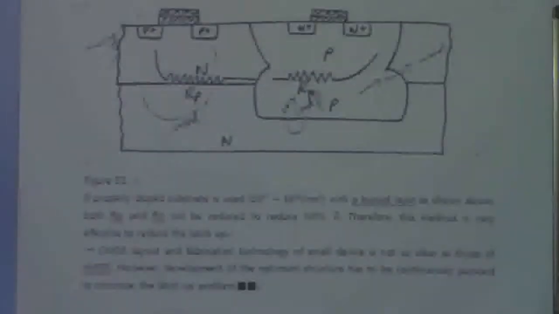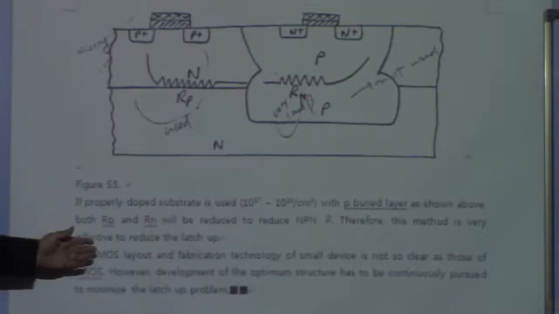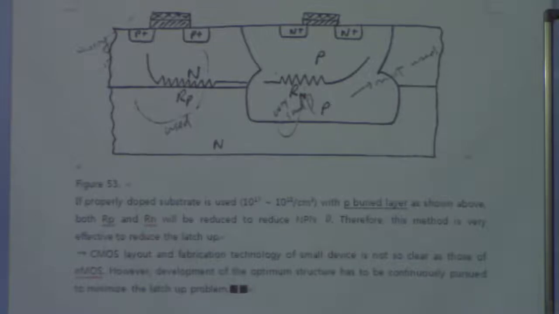So it becomes complicated. Development of an optimum structure has to be continuously pursued because we have many advantages of CMOS over NMOS. So even though it is complicated, we should develop some process for the miniaturization of the CMOS structure, along with prevention of the latch-up process.